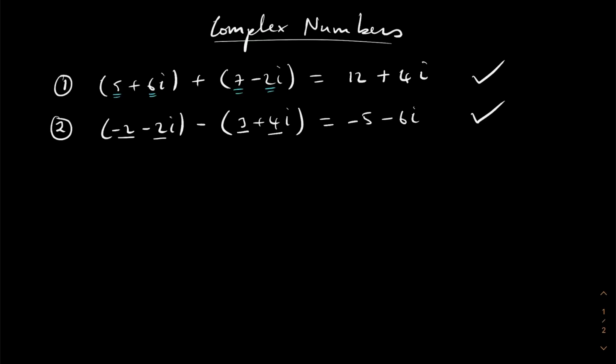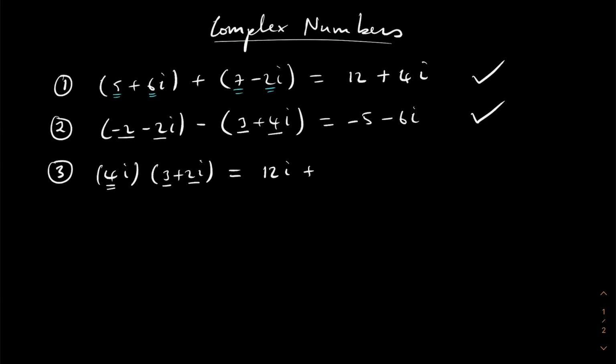Okay, so how do you multiply them? Let me give you an example here. Let's say you have the complex number 4i multiplied by the complex number 3 plus 2i. And so what you have to do here is the same thing you've been doing ever since. You're going to have to FOIL out this particular expression. And so you're going to have 4i multiplied by 3. That's going to give us 12i. And then you're going to have 4i multiplied by 2i.